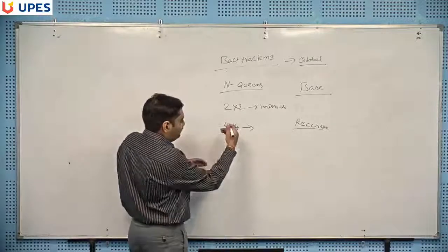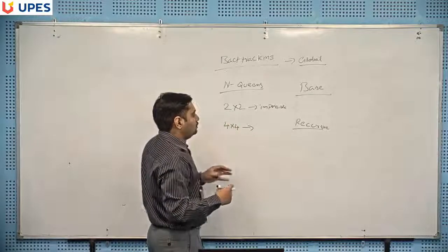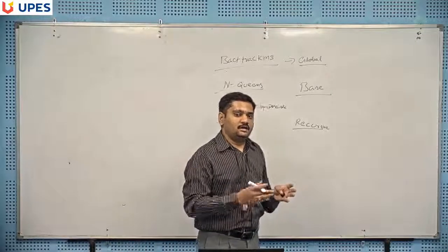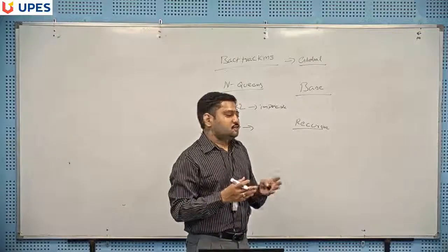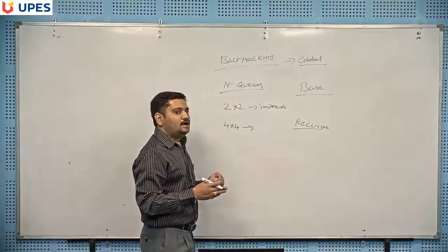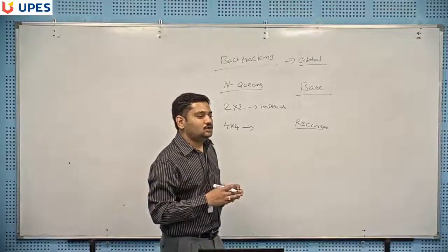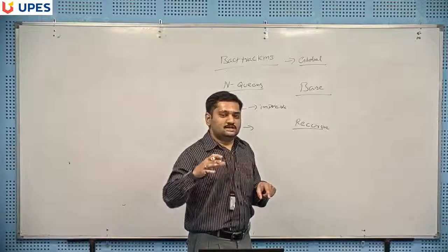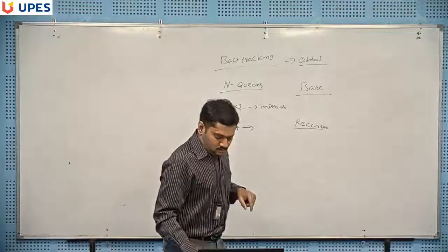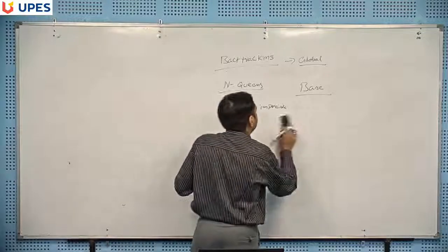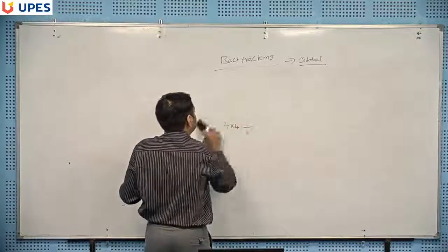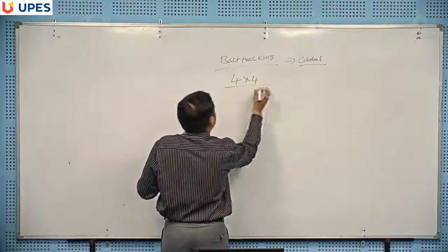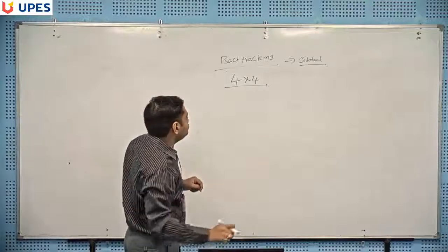From 4 by 4 you can have any number of chessboards which will be in the dimension of n by n, and you will be given n number of queens, so that you have to place them on the chessboard without attacking. The queens should be placed without attacking each other. So we will see the classical N-Queens problem by using a 4 by 4 chessboard.